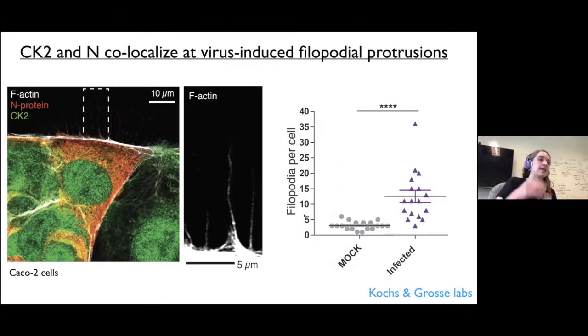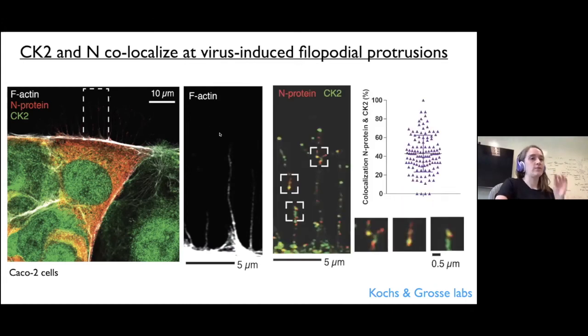The presence and length of these filopodia is dramatically increased when we have SARS-CoV-2 infection. Within these filopodia, if we zoom in on these immunofluorescence microscopy images, we observe the N protein in red co-localizes with CK2 protein in approximately 40% of instances. So this protein-protein interaction can be happening at these new filopodia.